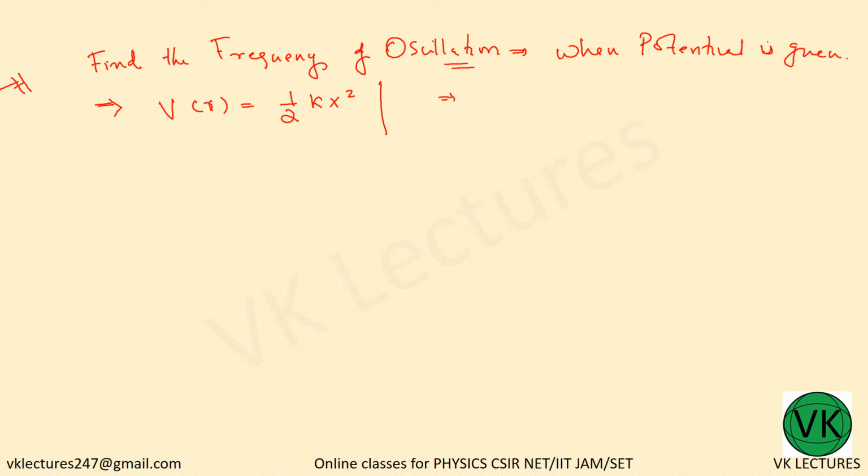For one to oscillate, the force should be equal to minus some constant times the displacement, right? For example a spring, right? Only then it will oscillate. So the potential of such a kind of force is nothing but half kx square, right?